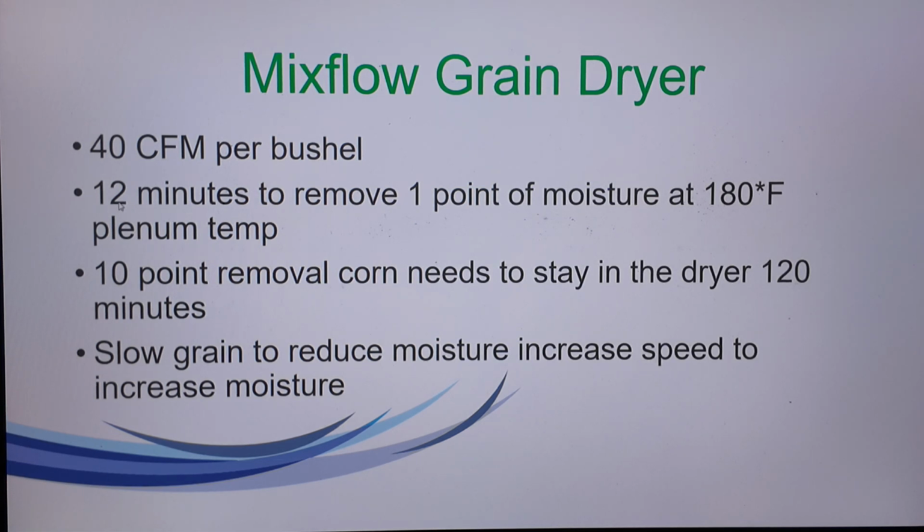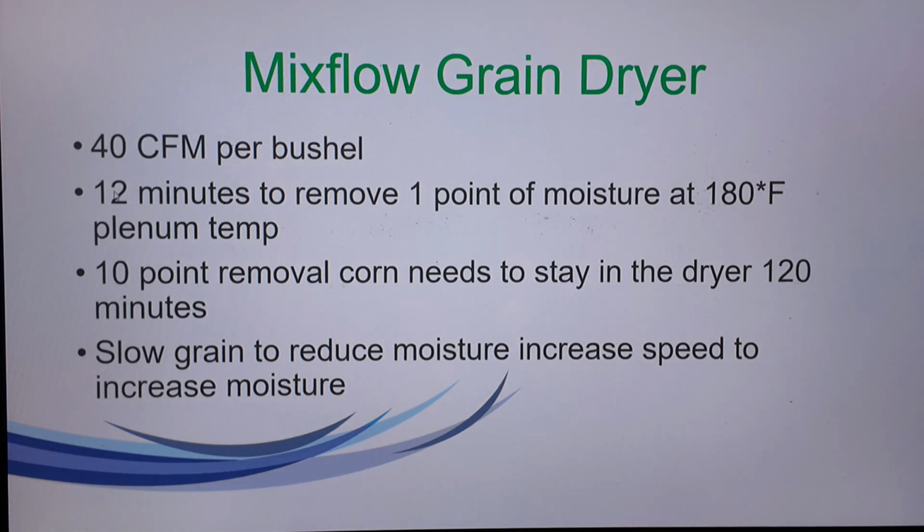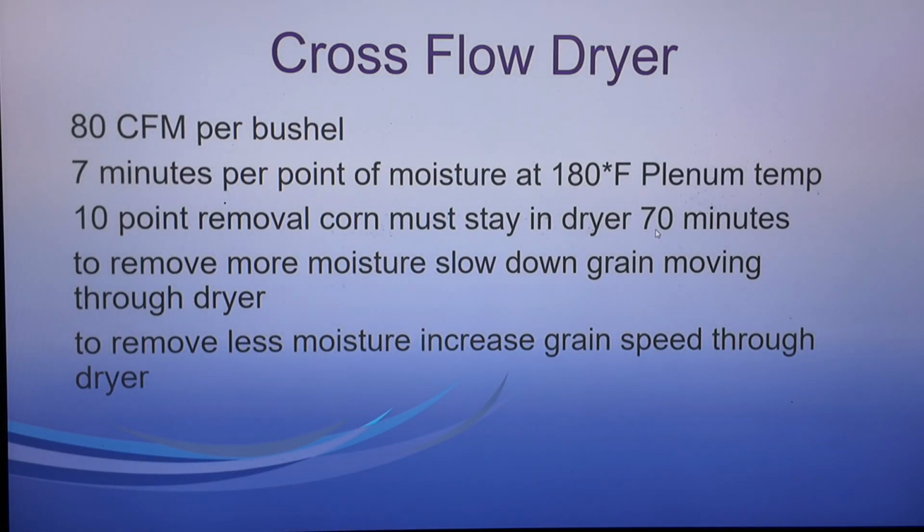So each kernel of corn has to stay in that dryer for 12 minutes per point of moisture removed. So if we're removing 10-point removal, the corn needs to stay in the dryer 120 minutes. The cross-flow dryer was 70 minutes for the same moisture, same plenum.